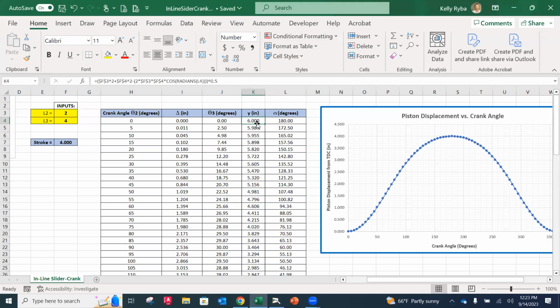Back over here, and again, kind of a big long equation. Anytime that you're referencing the L2 and the L3, you have to put an anchor, the dollar sign, in front of the column letter designation and between the letter and when the number starts. And also remember, anytime you're dealing with cosine or sine, the values are going to be in radians, or you have to convert the angles to radians by using the radians function.